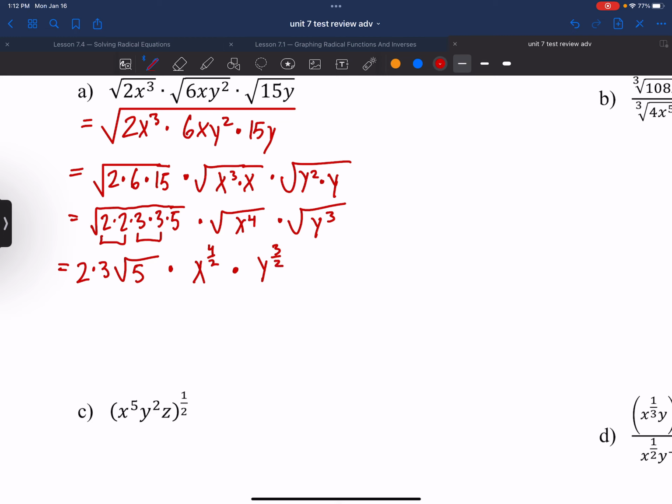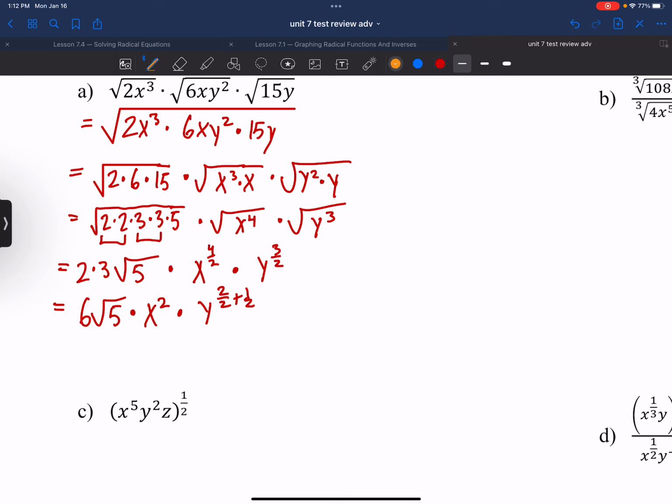I could say this, but I'd like to simplify. I'm just going to go with radical form and not rational exponents. I just put that there in case you wanted to do it that way. So this will be 6 root 5 times x squared times, notice this is y to the 2 halves plus 1 half.